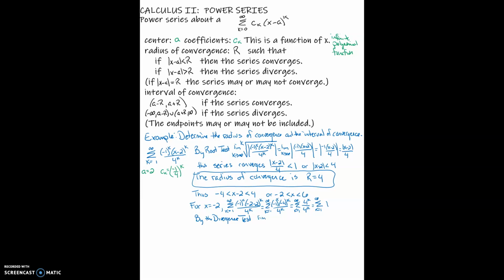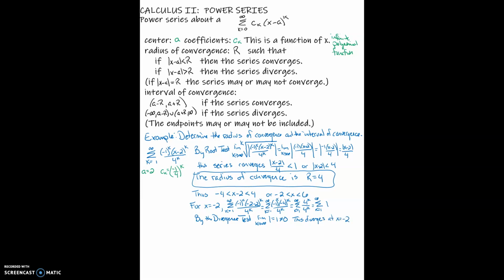Remember, for the divergence test, all I need to do is take the limit as k goes to infinity of our sequence. In this case, it is equal to 1, which is not 0, which means that this diverges at x equal to negative 2.